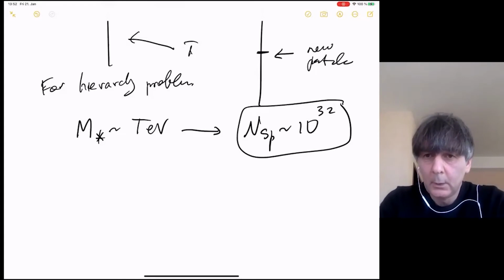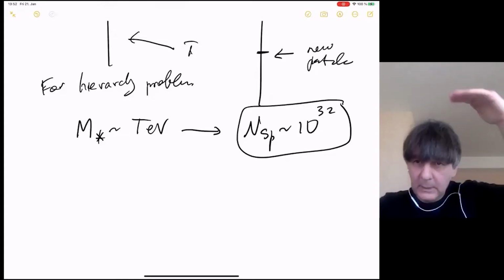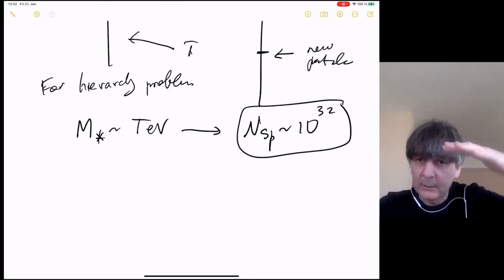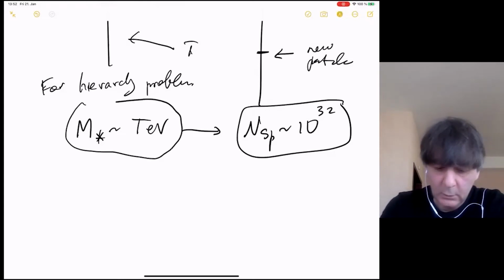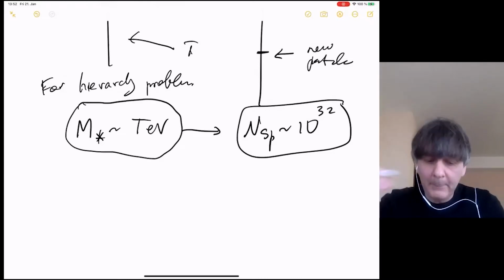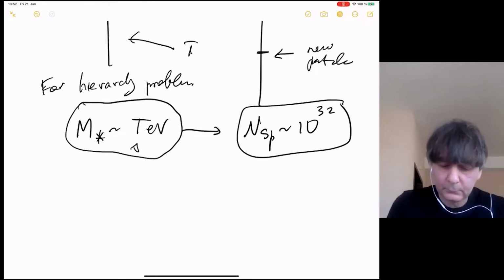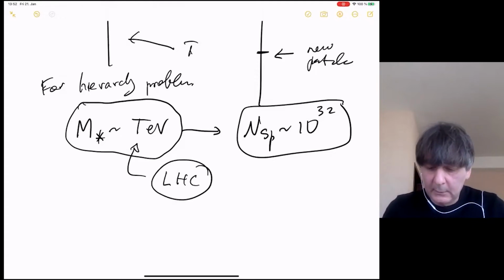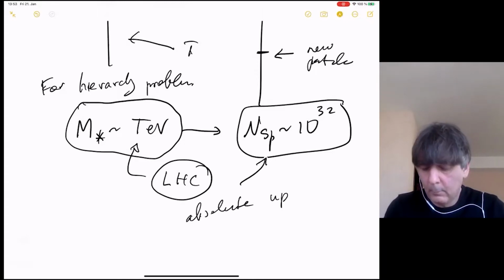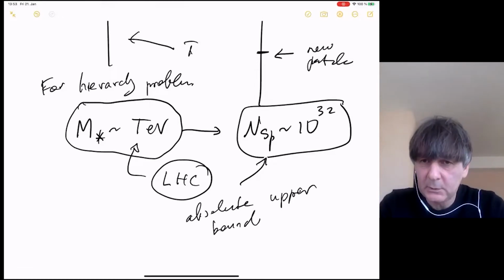In other words, the fact that gravity lowers the cutoff when you introduce a number of particle species, and the fact that we have not seen any strong quantum gravity effects up until LHC energies, tells us that this is an absolute upper bound on the total number of propagating particle species that can exist in the theory.